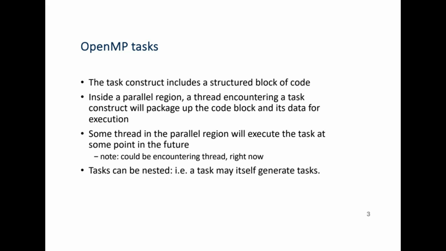We can have any depth of nesting of tasks that we like. That can be quite a powerful feature, and we'll see an example shortly of how that can be used and why it's an interesting feature.